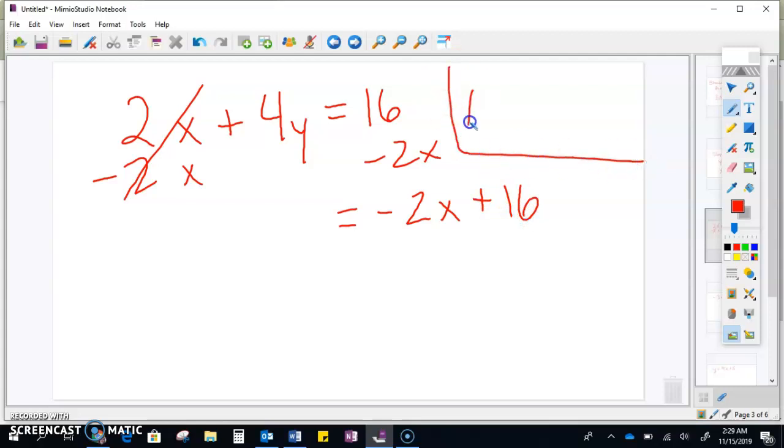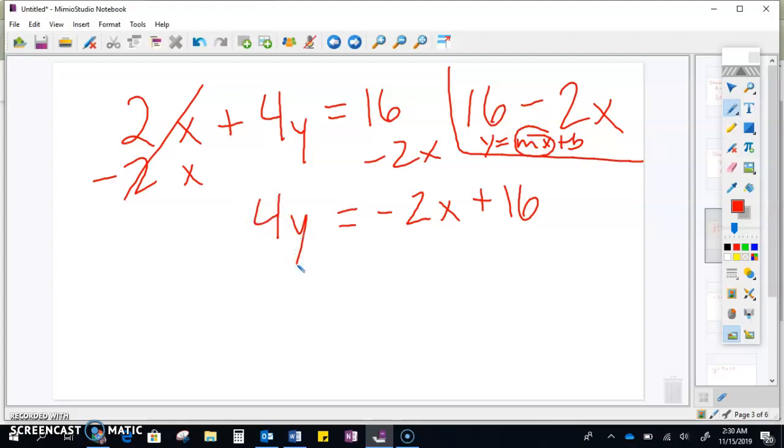Now some of you may say, okay, well that's really the same thing as 16 minus 2x. You're exactly right, that is the same thing. However, slope-intercept form tells us that we want to have y equals mx plus b, so I want to have whatever is attached to the x listed first in the equation. Now we still have this 4y.